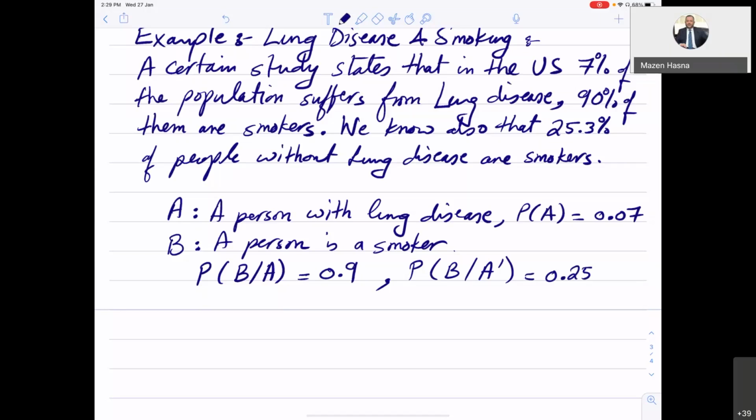Because for those who do not have lung disease, if I isolate those, I put all those who do not have lung disease, and then I picked one randomly. The chances that that person is smoking is 0.253. Okay?